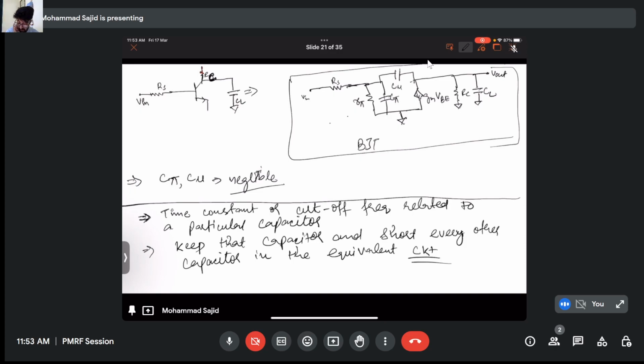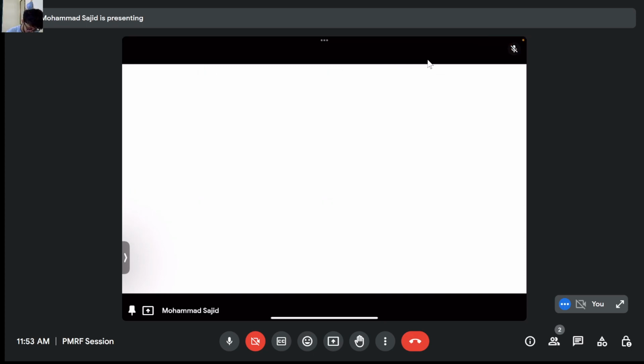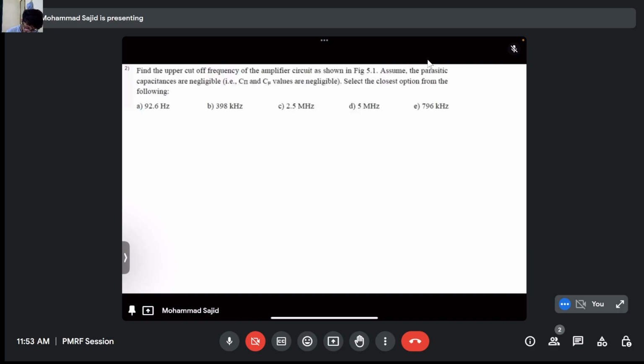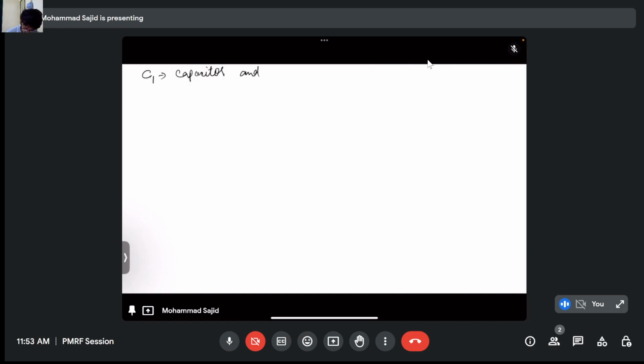As I said, for the lower cutoff frequency, that will be related to the input part. So we will take the C1 capacitor and short every other. Let's draw the equivalent circuit.